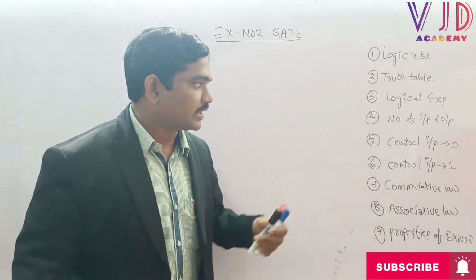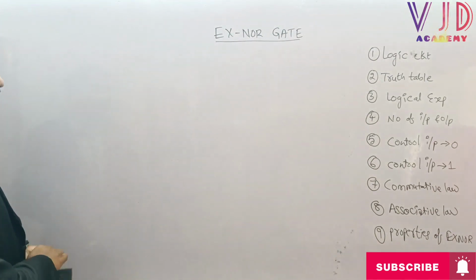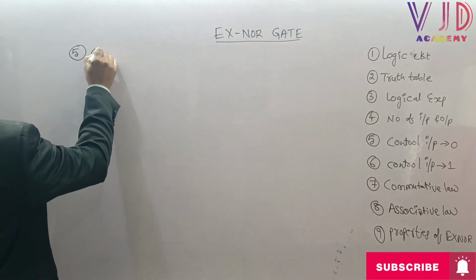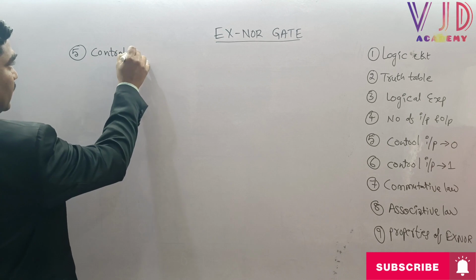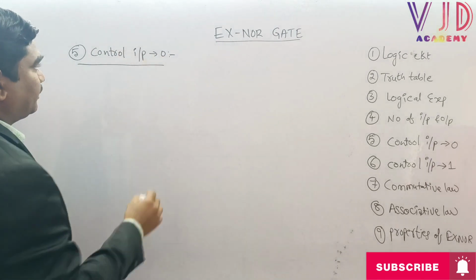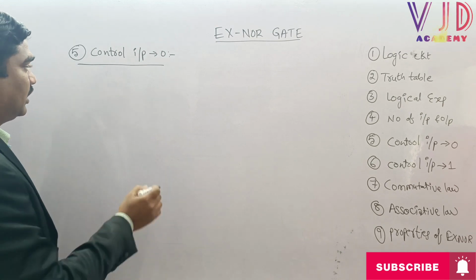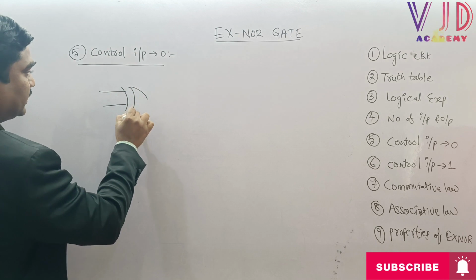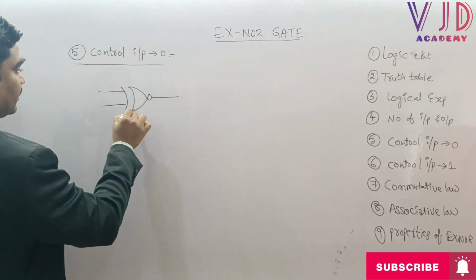The fifth point is the control input 0 case. Sir, let us try to understand the fifth point, control input 0 case. Here, when we apply, one of the inputs is always 0. This is called the XNOR gate symbol.